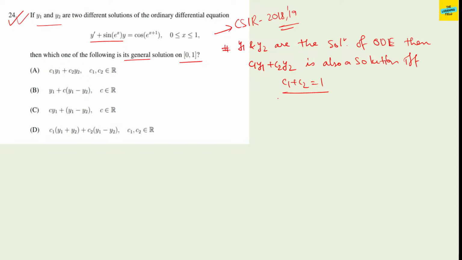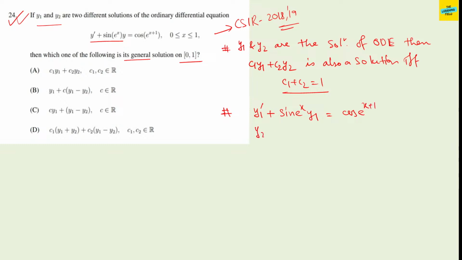Now if y1 is a solution, then y1 satisfies the given equation. So we can write y1 dash plus sin e to the power x into y1 equal to cos e to the power x plus 1.